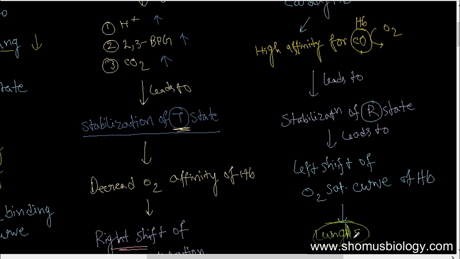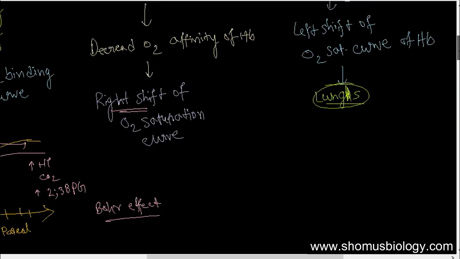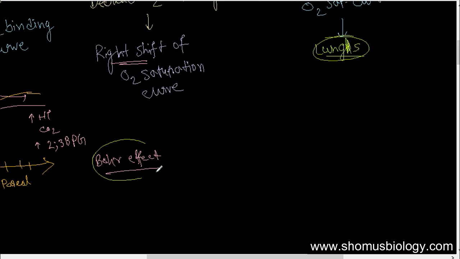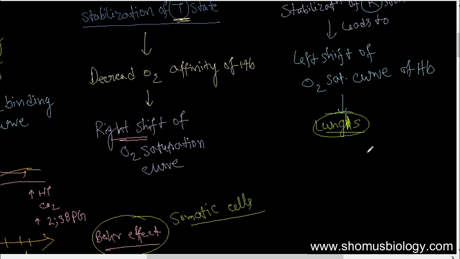Okay, so this is what happens: left shift occurs in the lung tissue and the right shift or Bohr effect occurs in the somatic cells. So in the lung tissue where we have the curve shifting to the left, it has a hyperbolic curve.